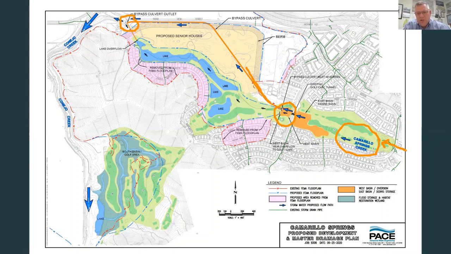This orange area that we're showing here just upstream of Camarillo Springs Drive, that is a debris basin that has a capacity to store 20 acre feet, which is a very large volume of both sediment and debris and flood storage. Because, and this is a key element, the debris basin is a key element of the bypass, because one of the things that we have to do with the bypass is to ensure that no debris gets in the bypass and clogs the bypass pipe.